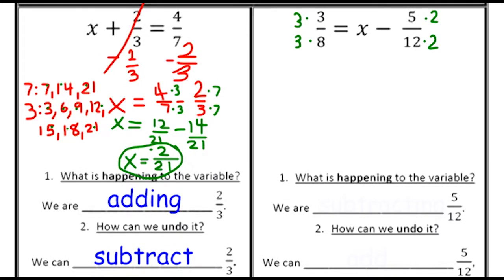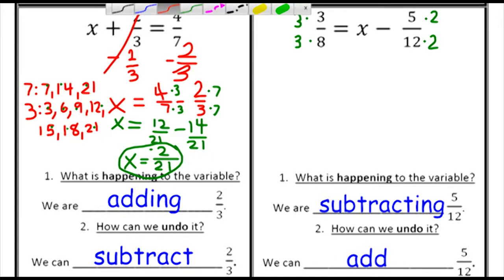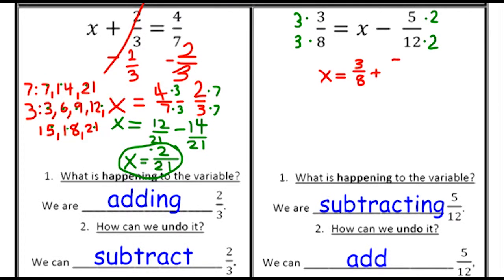Now in this case, I am subtracting 5/12, so I need to add 5/12 to both sides. So x is going to equal 3/8 plus 5/12. When I add 5/12 to negative 5/12, I get my identity of 0.